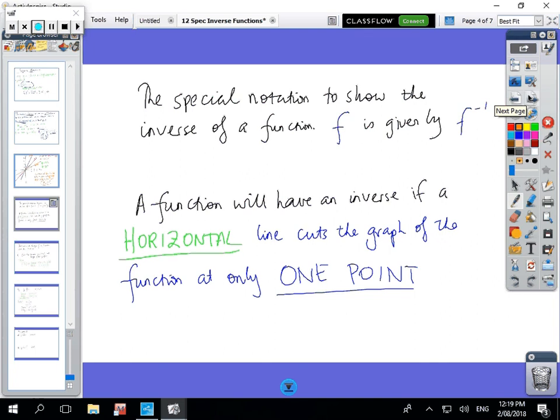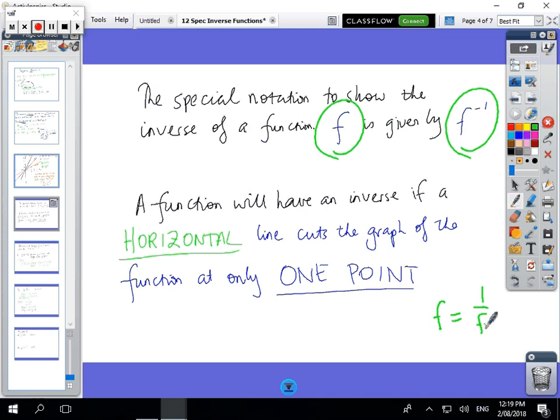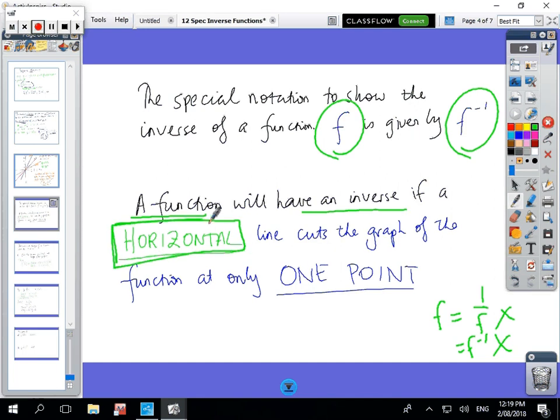Okay, so we're just looking at notation. If the function has the letter f, then the inverse is f minus 1. And we'll find out later that f inverse does not equal 1 over f. Like in terms of negative indices, that does not apply. Okay, and we can actually find out if a function is going to have an inverse. We do this thing called a horizontal line test.